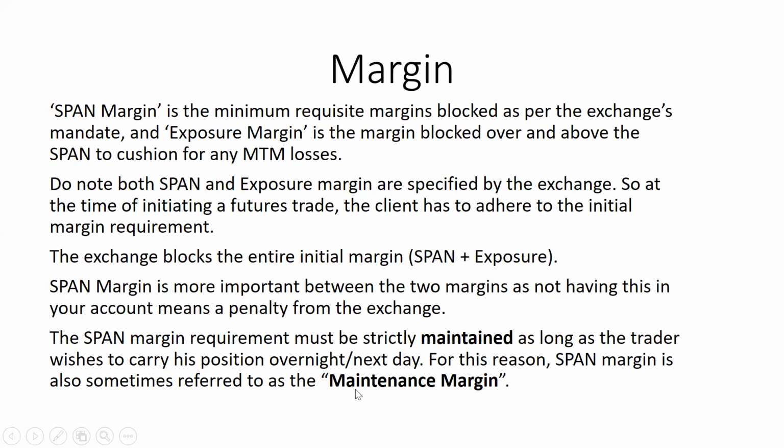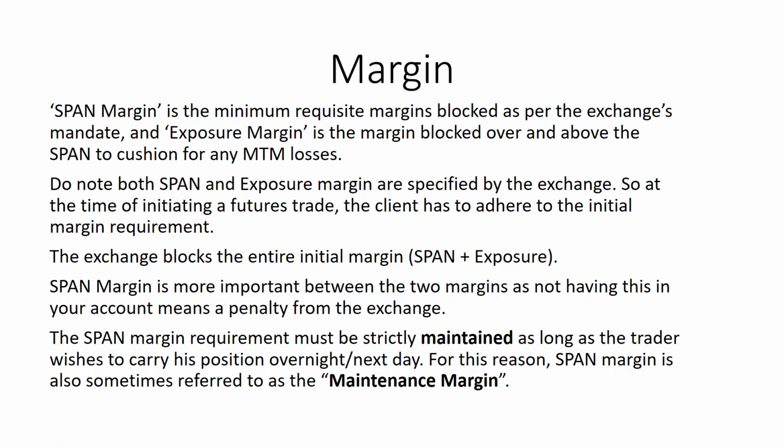SPAN margin is the minimum margin blocked as per exchange mandate, and exposure margin is the margin blocked over and above SPAN to cushion for any M2M, mark to market, losses. Both the SPAN and exposure margin are specified by the exchange.